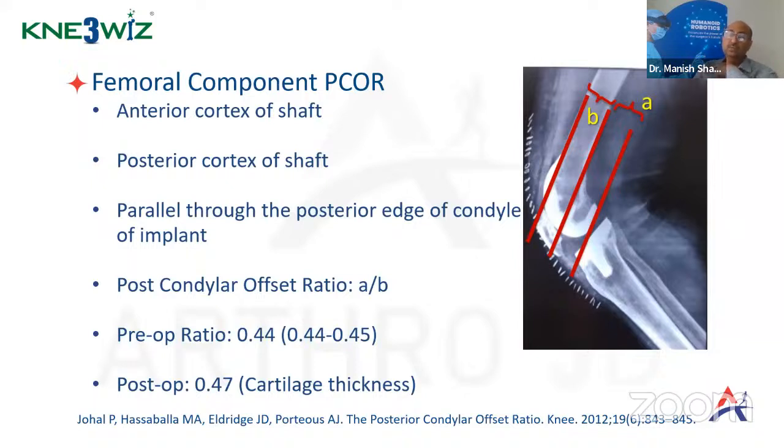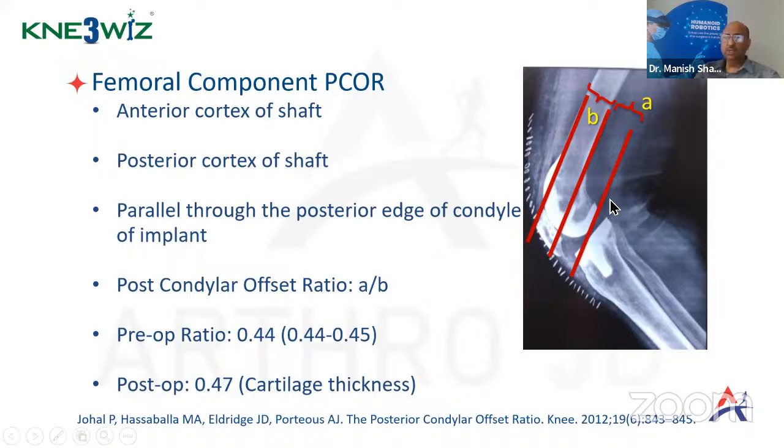The femoral component posterior condylar offset ratio is different from the non-replaced ratio. Why?